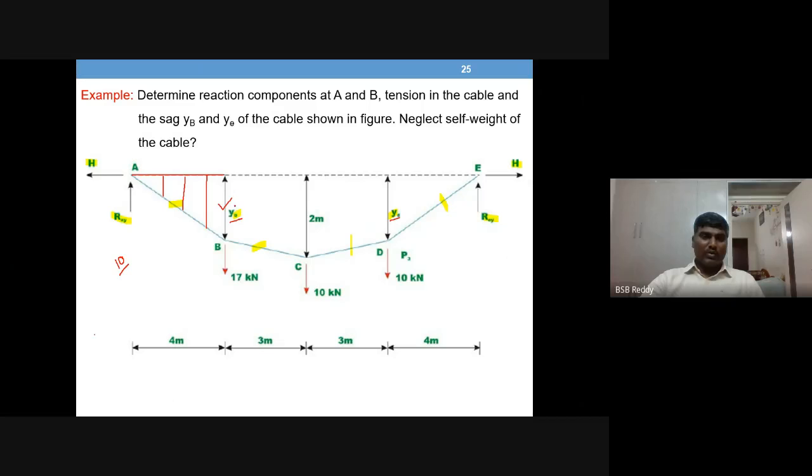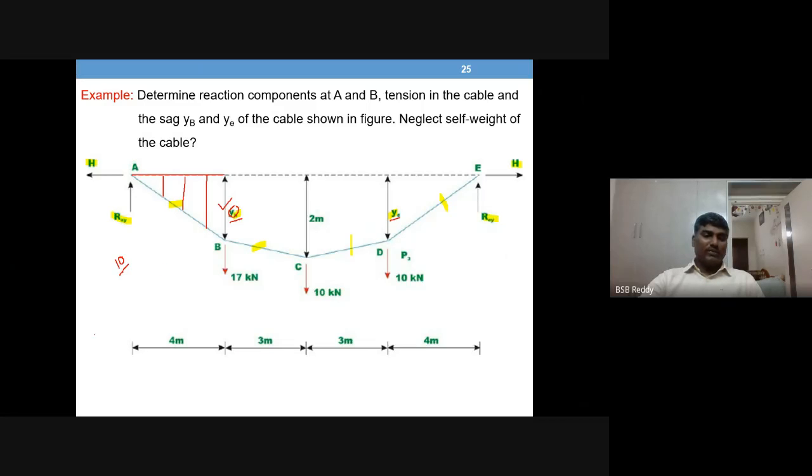Without knowing this, it is not possible. That is why we are taking the geometry at the load points as unknowns, right?